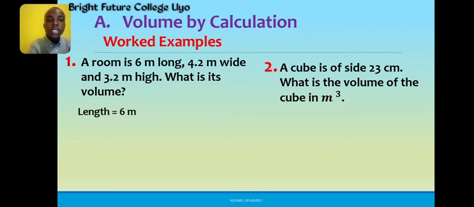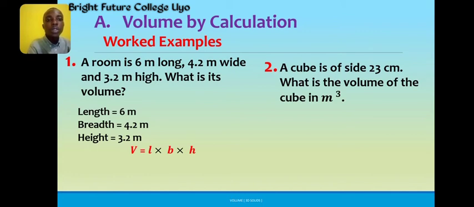Understand that the length is 6 meters, the breadth 4.2, the height 3.2. Now, deal with it. Volume is length times breadth times height. We are using this formula because these dimensions relate to a cuboid. So when you calculate, just put in the dimensions and compute.